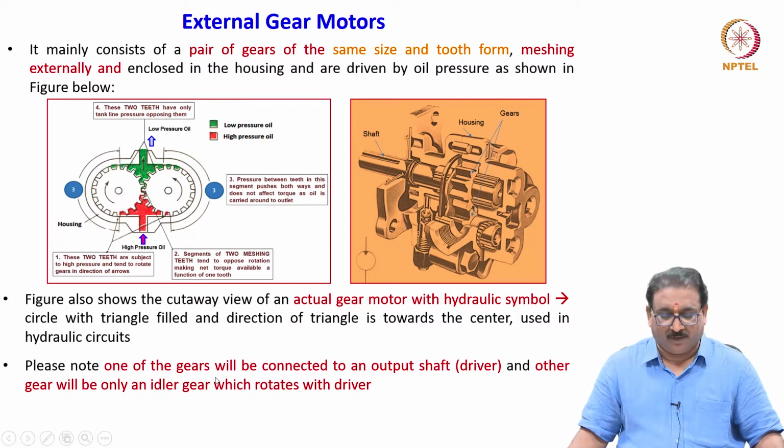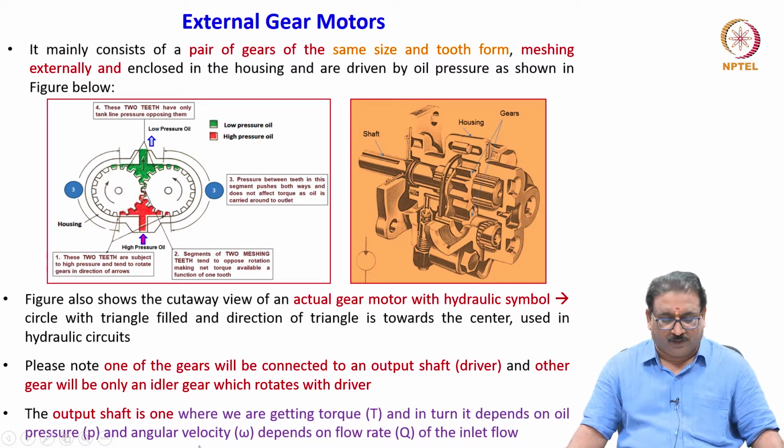Please note, as I have told you, one of the gears will be connected to the output shaft as the driver, and the other gear will be an idler gear which rotates with the driver. Here this is a driver and idler gear.